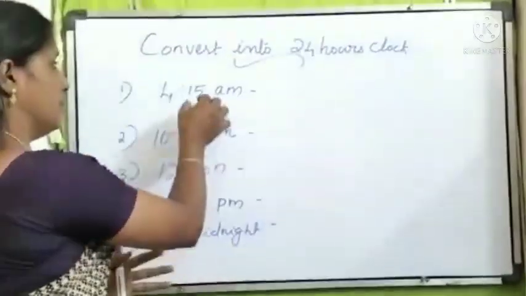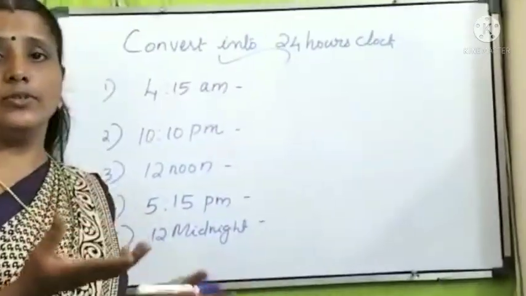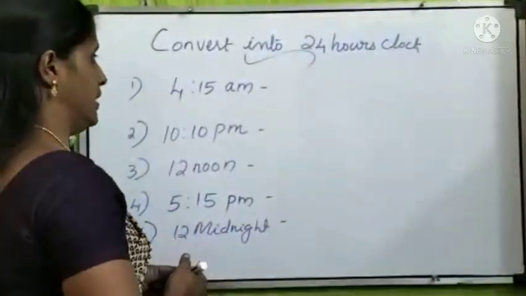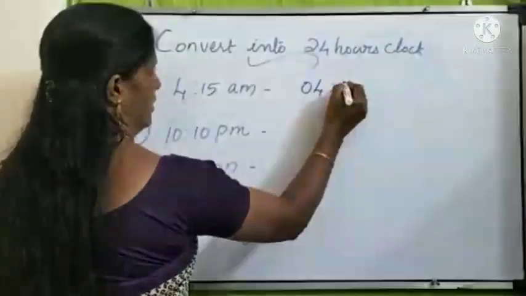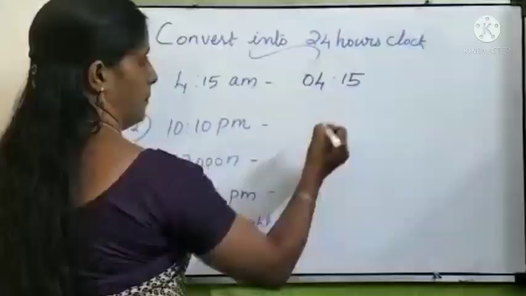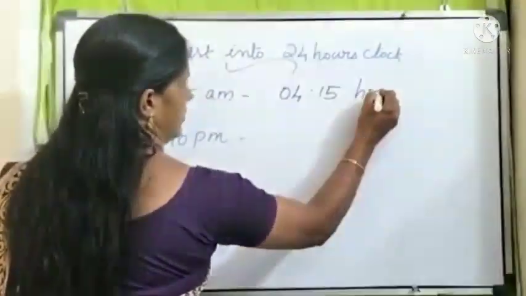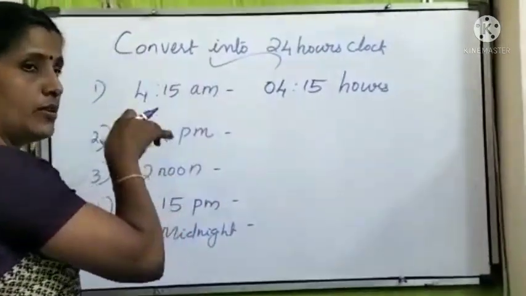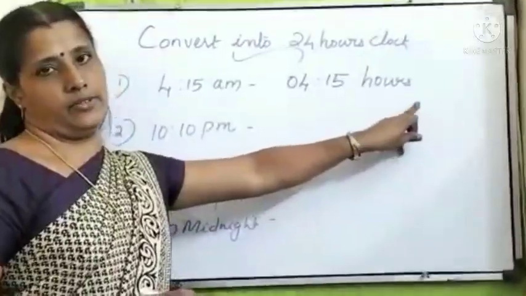Here the minutes have two places, but the hour has only one, so we have to put 0 on the left side, then 15 minutes. There is no need to write AM, because AM is mentioned in the 12 hours clock, but in the 24 hours clock, we mention hours.